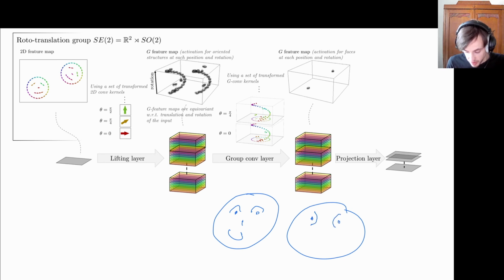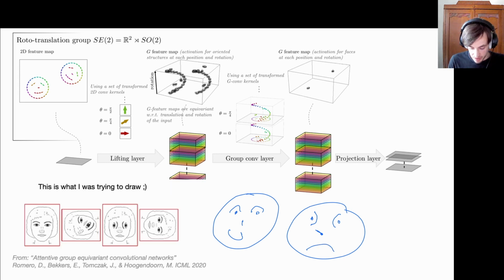So now we have two eyes at the right location, a nose, let's say at a different location, and a mouth also in a different location. Obviously, these are different figures, and this looks completely odd, of course, even though the eyes and the nose and the mouth are all at the same location. So with group convolutions, you can simultaneously check whether these patterns are indeed at the right poses relative to each other. Okay, so moving on.